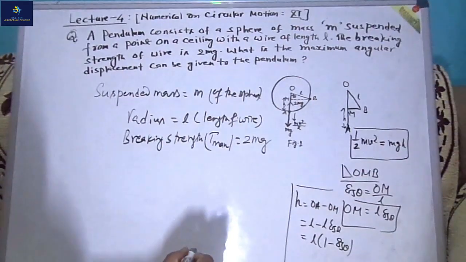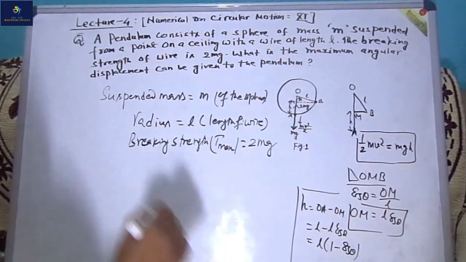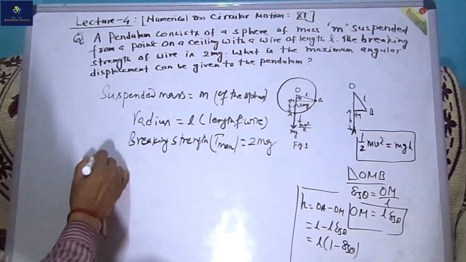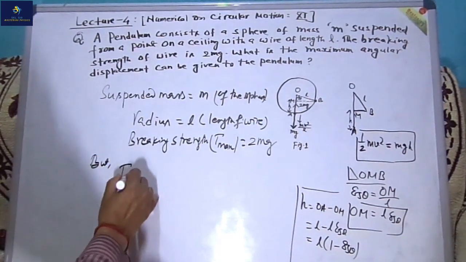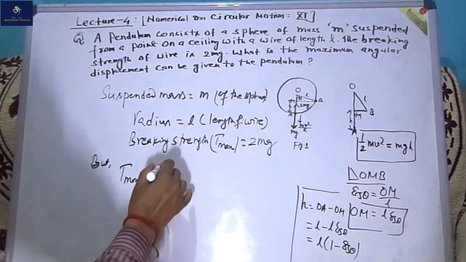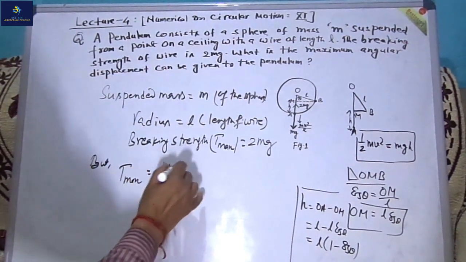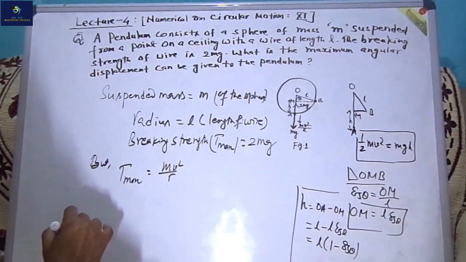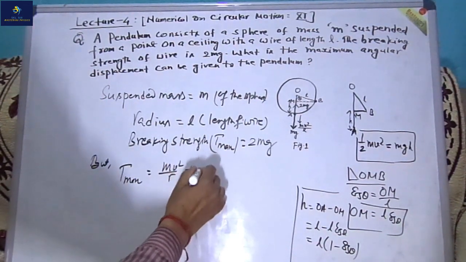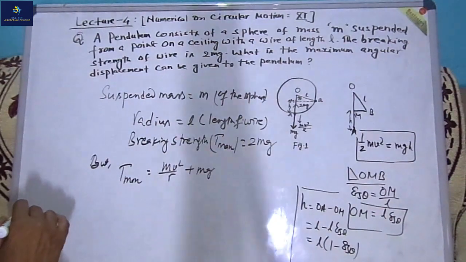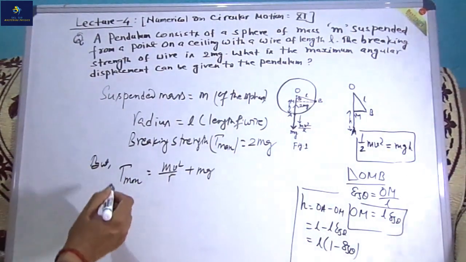Okay, at the lowest position of the sphere we know that T max is mv square by r plus mg.